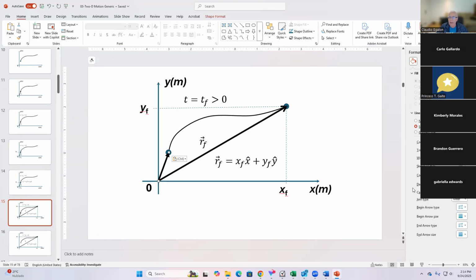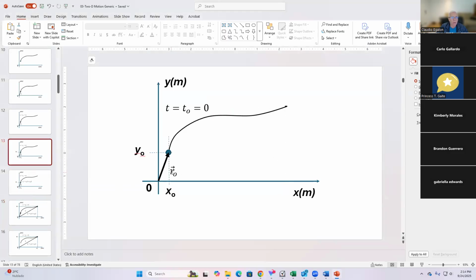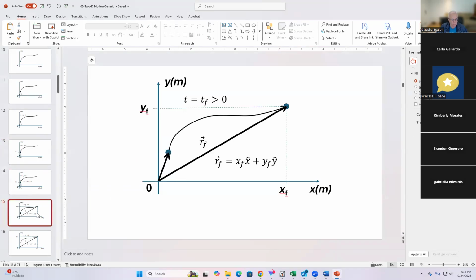And let me change the arrow, I prefer this head here. And I gotta label it, right? Let's not forget to label it. R initial.